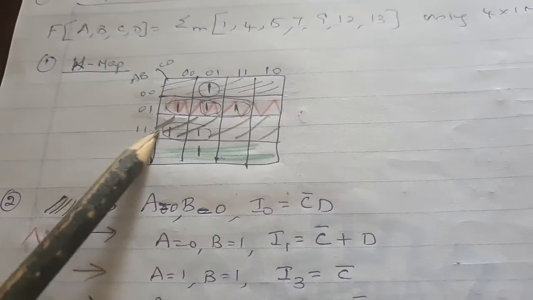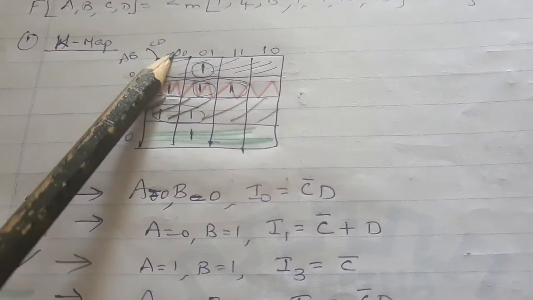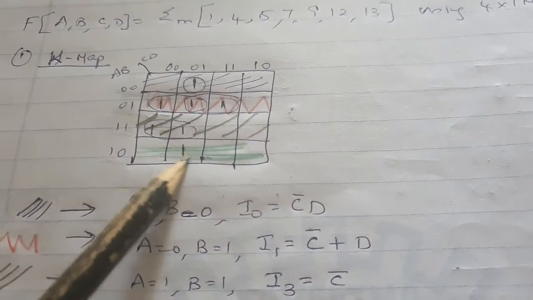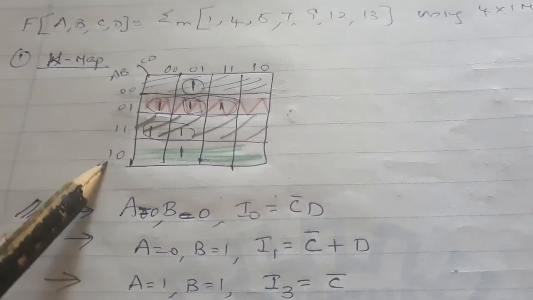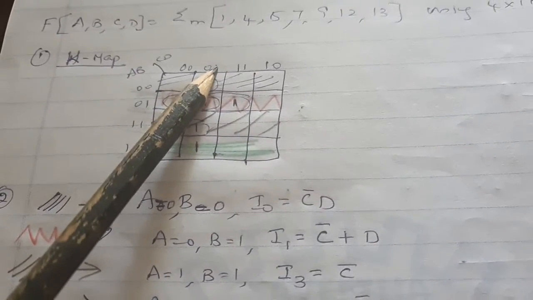So it means that AB is I3. The answer is C bar. Next you come for this, only 1 is there. Therefore the answer is I2 selected. Your output will be C bar D.